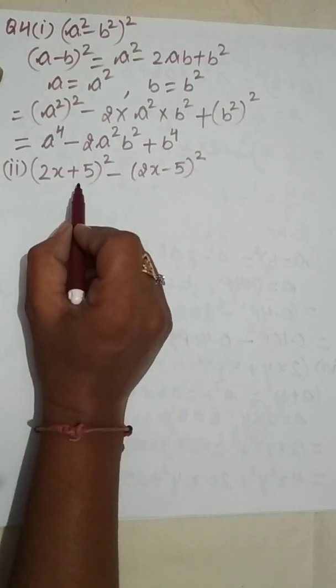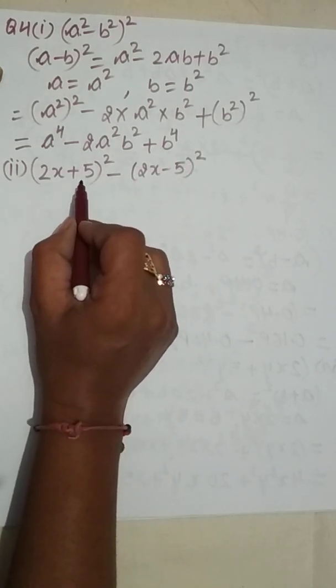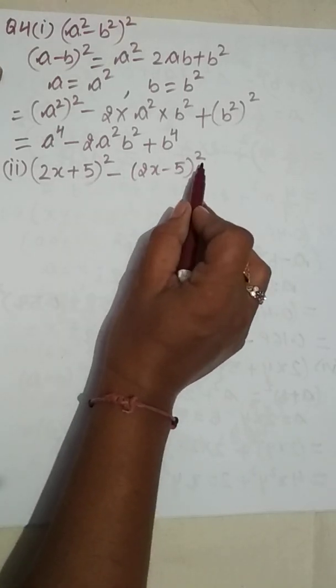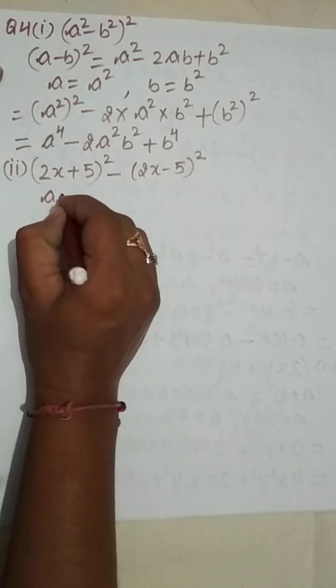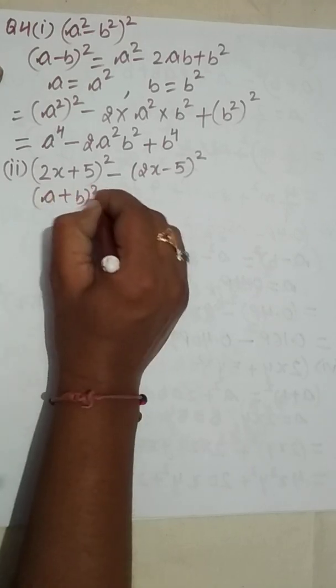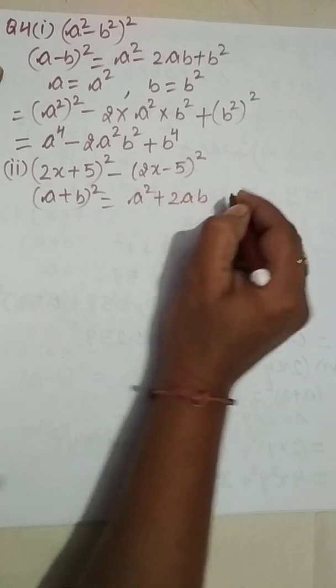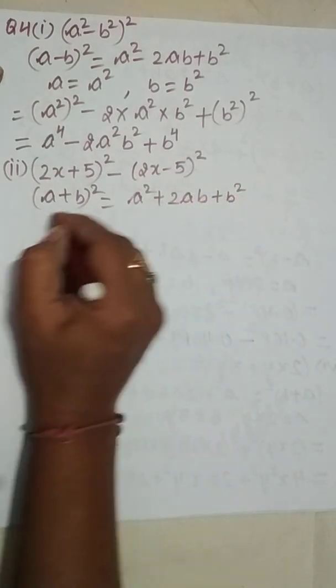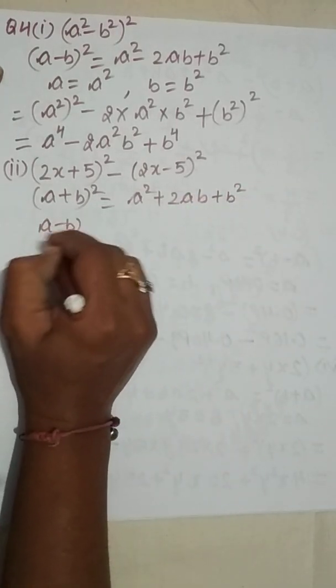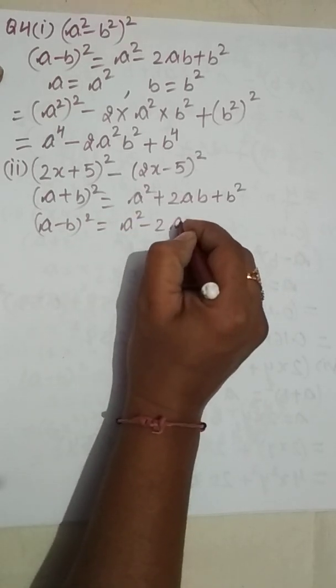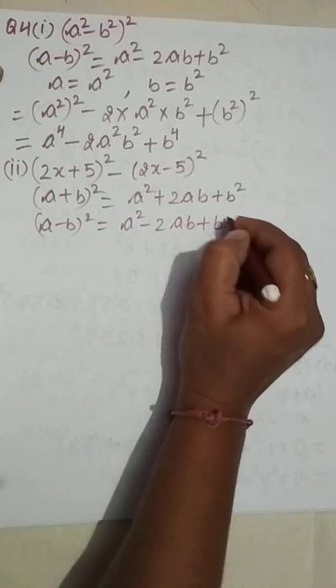In this question, simultaneously we will use the two identities, that is (a + b) whole square and (a − b) whole square. So (a + b) whole square is equal to a² + 2ab + b², and one more identity is (a − b) whole square, which is equal to a² − 2ab + b².